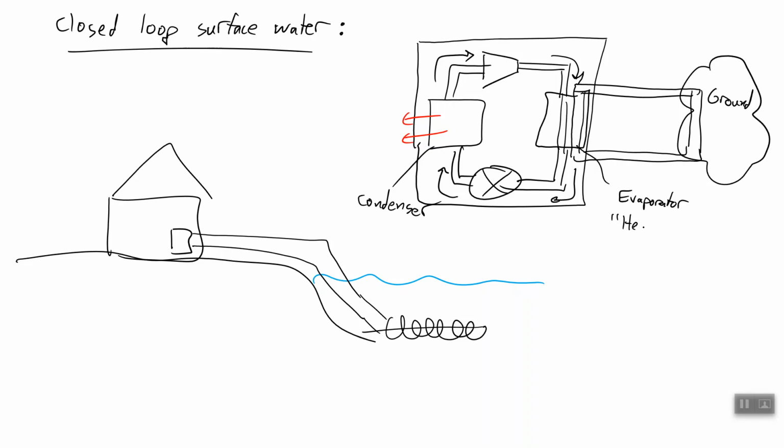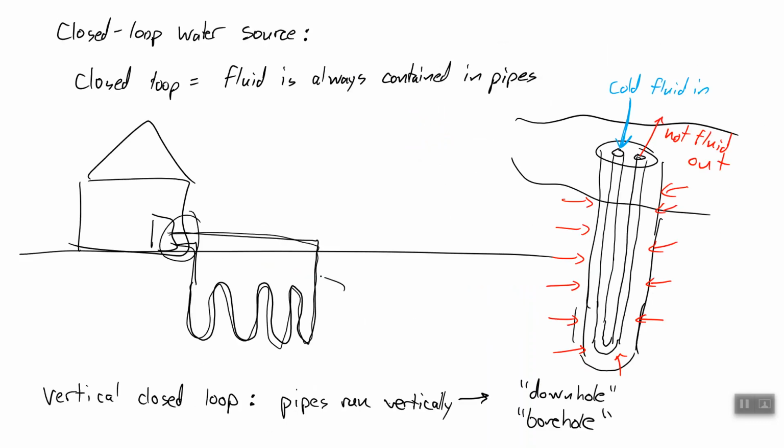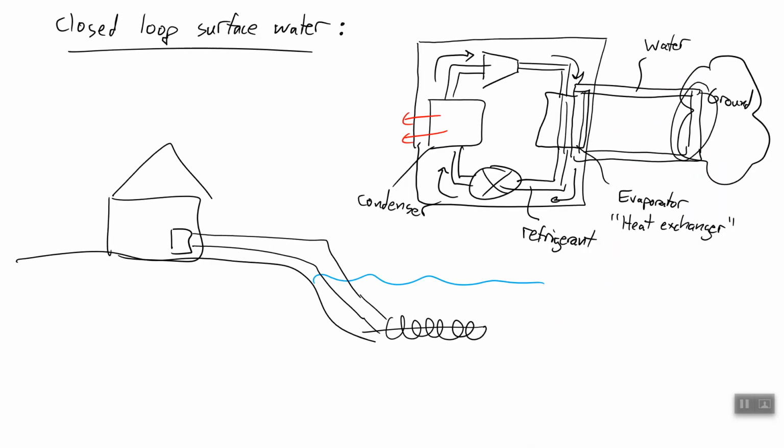So the evaporator is actually a heat exchanger, where the working fluid here is going to be refrigerant, and the working fluid here could be water. I mean, there's a variety of fluids you could use here. And so here now we have some sort of heat exchanger, which is what I've been drawing here, exchanging heat with the ground. And so this we call the ground heat exchanger, which we abbreviate to the GHX.